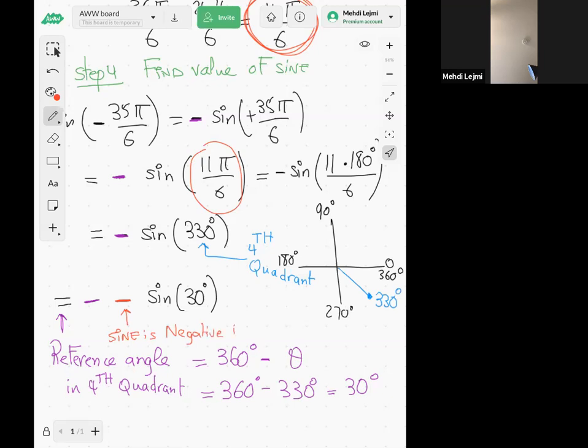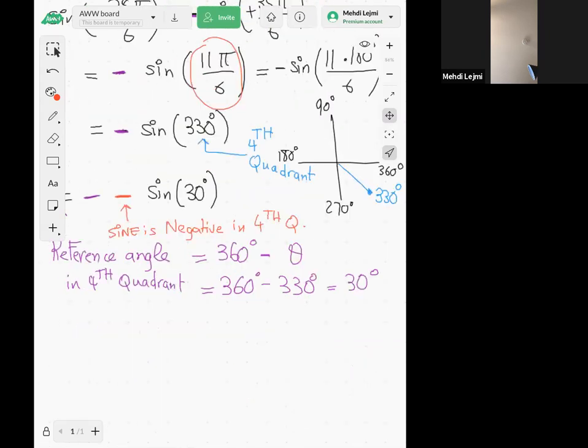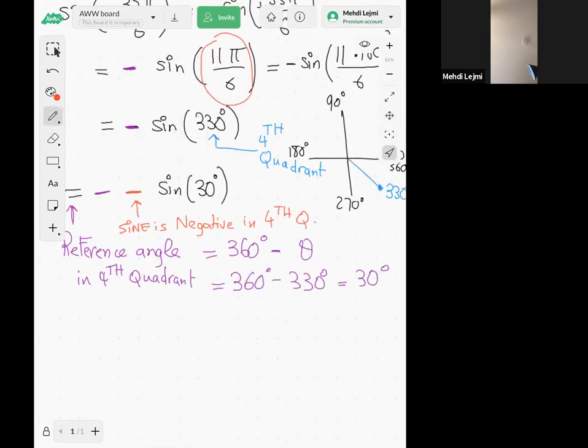Minus minus will be a plus, so this is equal to plus sine of 30. Now, what's sine of 30?